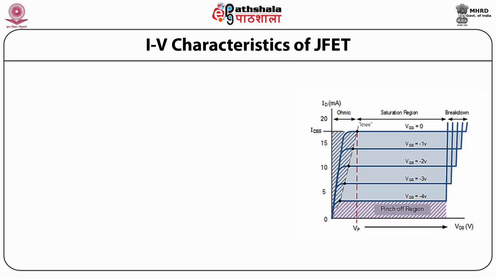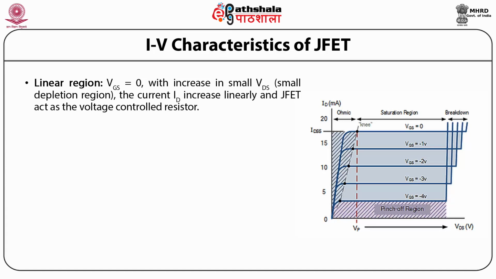So we have a linear region, which we can say is the ohmic region, that is for VGS equal to 0, with an increase in the small VDS, that is a small depletion region, the current ID increases linearly and the JFET acts as a voltage controlled resistor.